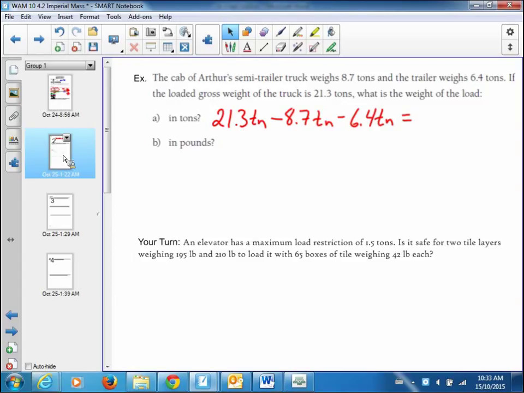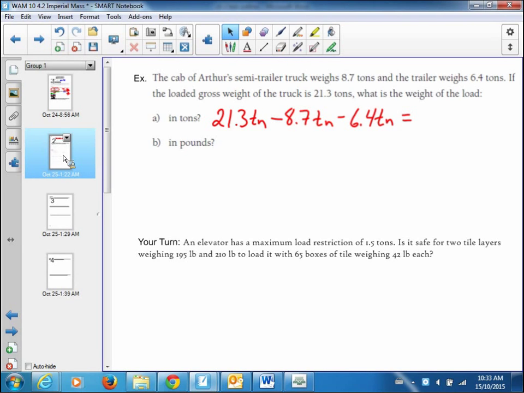21.3, 8.7. Let's see if you and I get the same numbers. You'll tell me in a second here. And you get 6.2? 4.